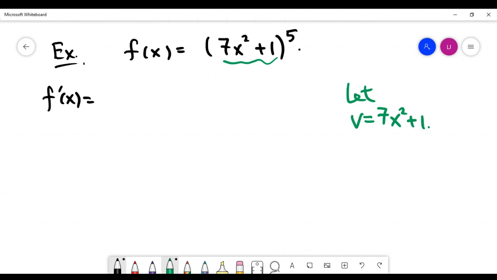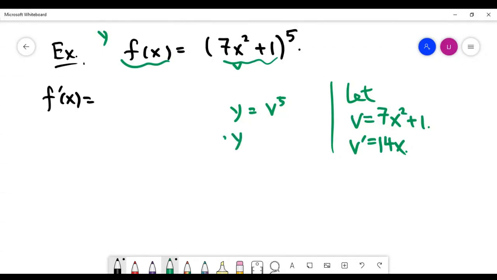If you let it this way, v prime is going to be 14x as the derivative. And in that case, if you think of the function f of x as y, it is going to be y equals v to the power 5, right? Because I'm letting v be this. And dy, the derivative with respect to variable v, is going to be 5 times v to the power 4. I'm using a simple power rule here.